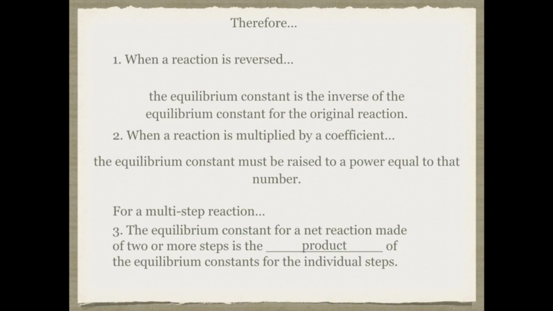So in the example, I flipped both of the reactions, so I found the inverse of each equilibrium constant, and then to find the equilibrium constant of the reaction I was concerned with, I simply multiplied those new equilibrium constants together. So those are the ways that you can manipulate your reactions and subsequently calculate your equilibrium constant after you've completed those manipulations.